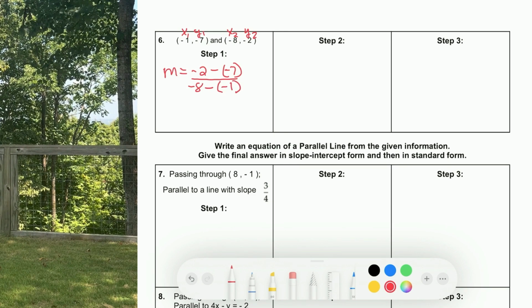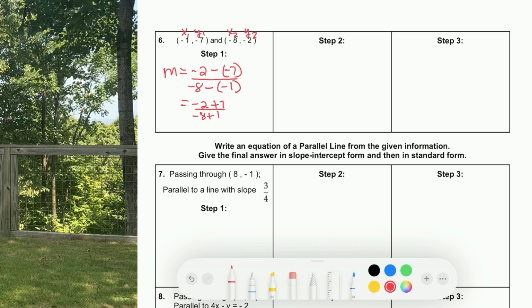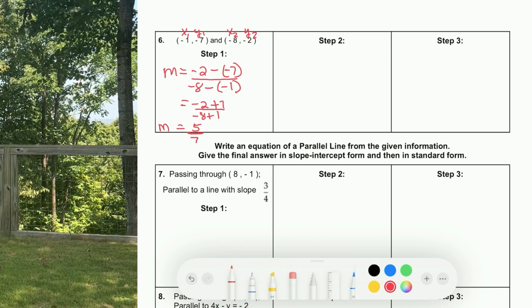I'm going to do keep it, change. So that becomes negative 2 plus 7 over negative 8 plus 1. Negative 2 plus 7 is 5. Negative 8 plus 1 is 7. So our slope is 5/7.